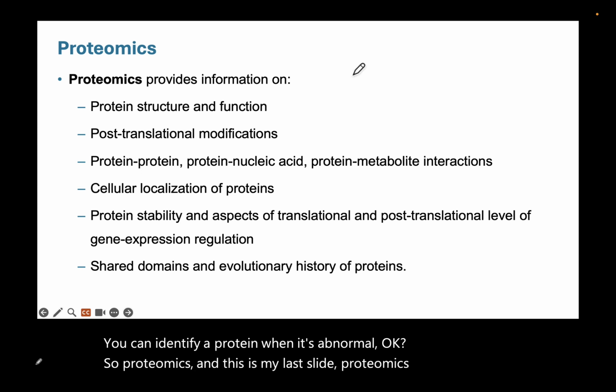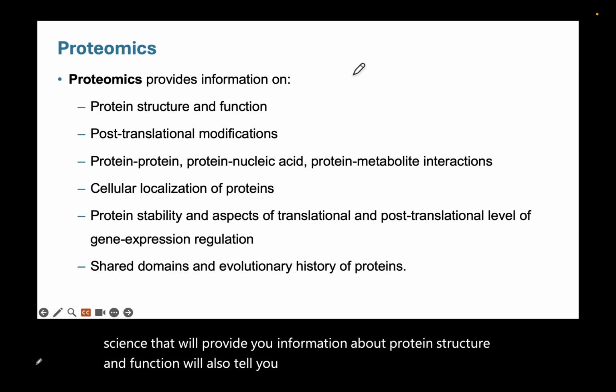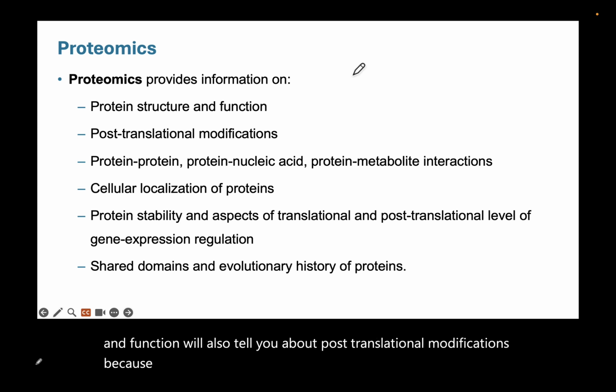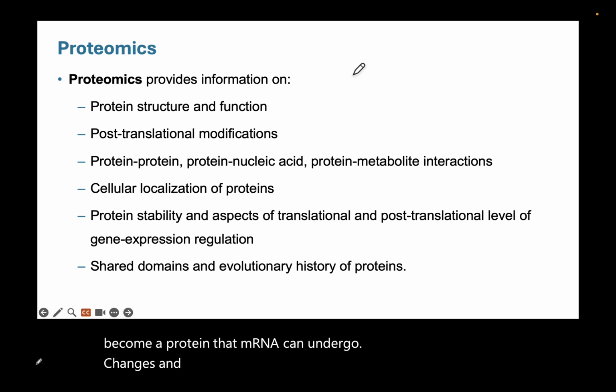Proteomics is the area of science that will provide you information about protein structure and function. We'll also tell you about post-translational modifications, because even though the mRNA will become a protein, that mRNA can undergo changes, and then that protein can also undergo changes, okay, after it has been translated.